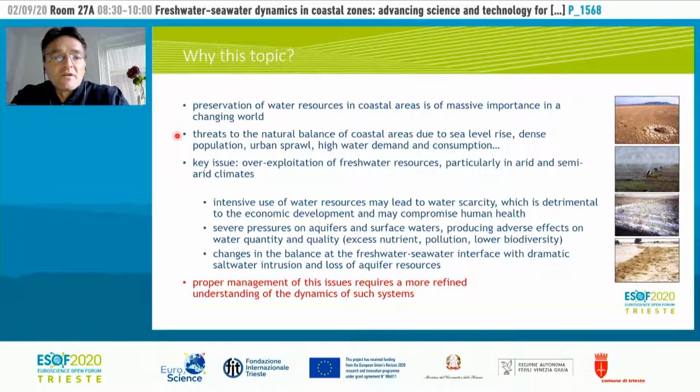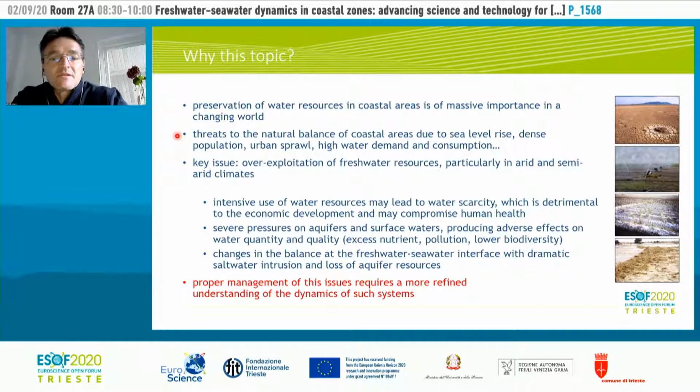The intensive use of water resources may lead to water scarcity. There are several definitions out there, not necessarily to quote right now, but water scarcity can have very strong consequences also on economic development and on human health. So this is one of our major concerns here.